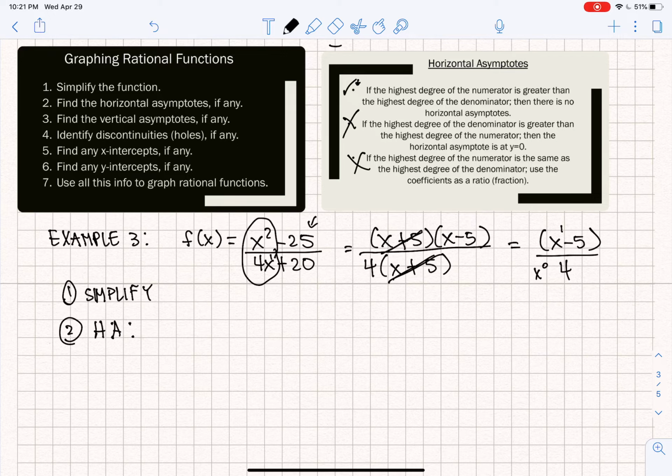No. A 2 is bigger than a 1, a 1 is bigger than a 0. Because our degree in the numerator is higher, there is no horizontal asymptote.